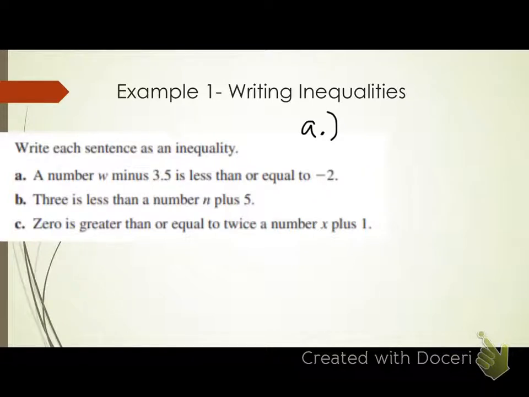Raise your hand if you can help me out and write this inequality for me. Here you go, write it on the iPad for me. The number w minus 3.5 is less than or equal to negative 2. It won't do a point, you've got to scribble it on. There you go.